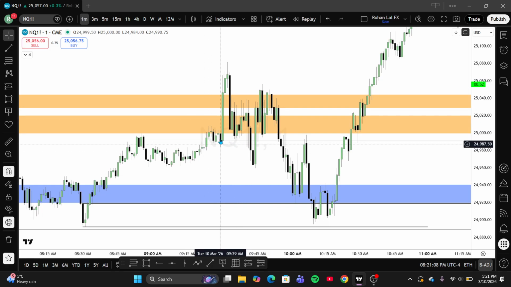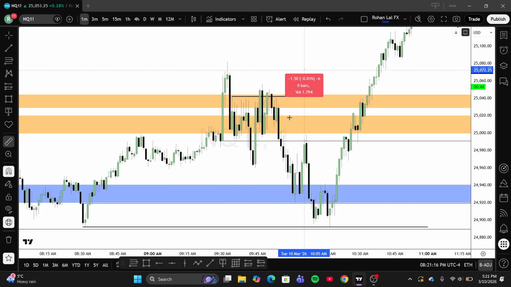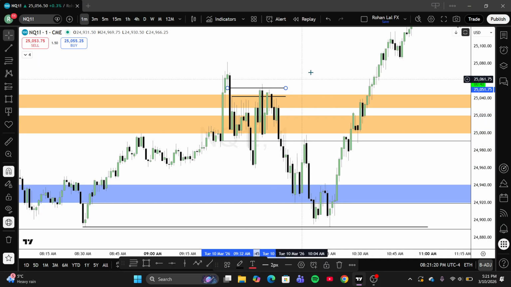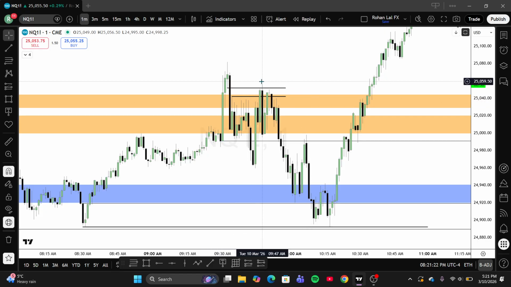So we see the price trade into that level, consolidate, drop down, trade higher, run the buy stops resting above this high, trade into a fair value gap that was not rebalanced. We rebalance that inefficiency. We then see the market trade lower aggressively, trade back higher to rebalance again. Then we get the expansion move lower.